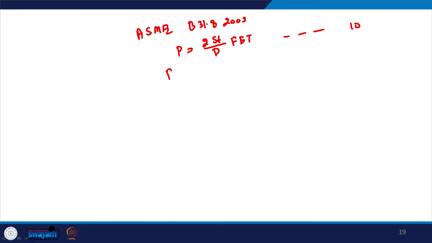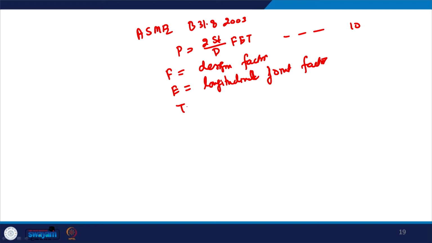Here F is the design factor based on location classification, we can refer to the table. E is the longitudinal joint factor, and T is the temperature derating factor.